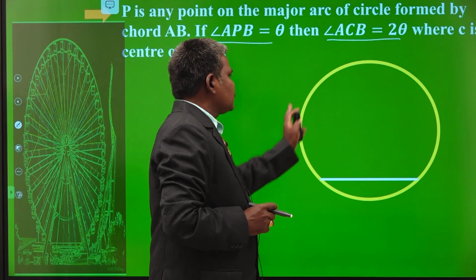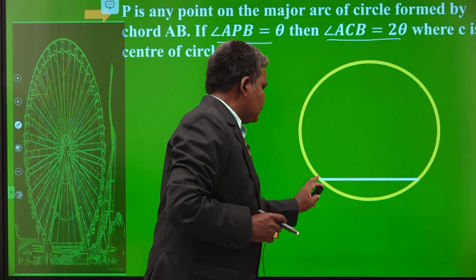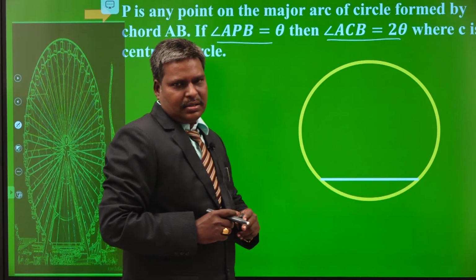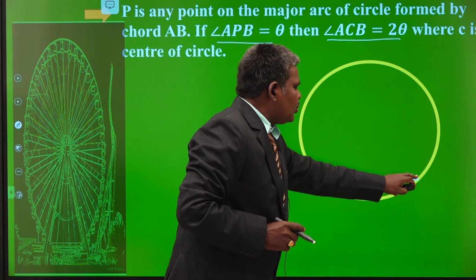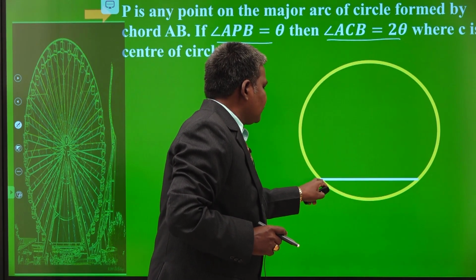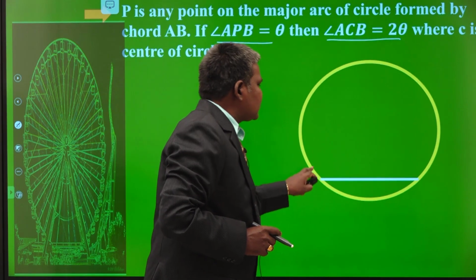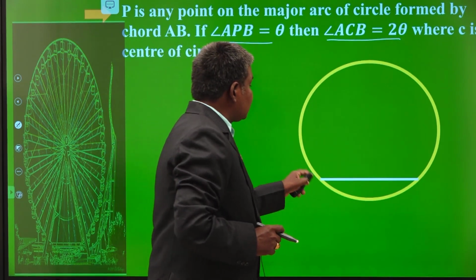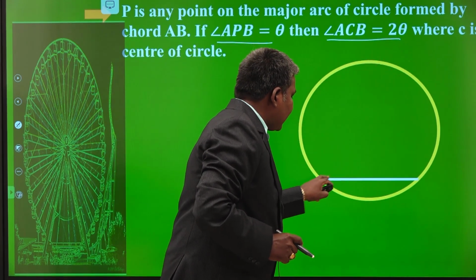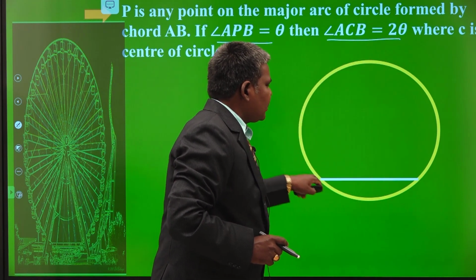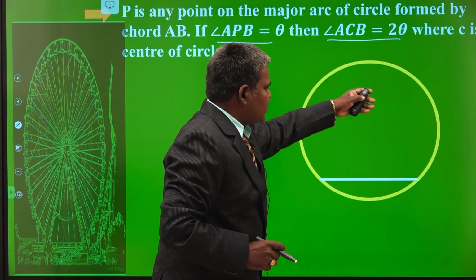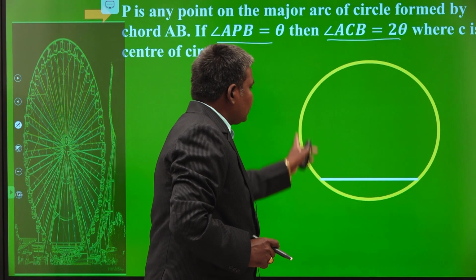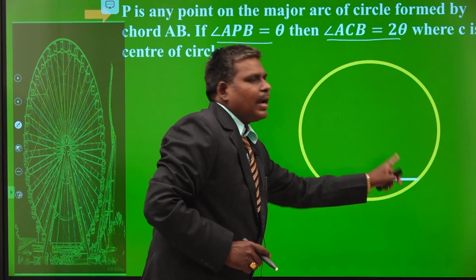One is the major arc, this is the minor arc. This is said to be the major segment, this is the minor segment. This is the arc and the entire thing is the segment. Am I correct or not? So this is the major segment, minor segment, major arc, minor arc.